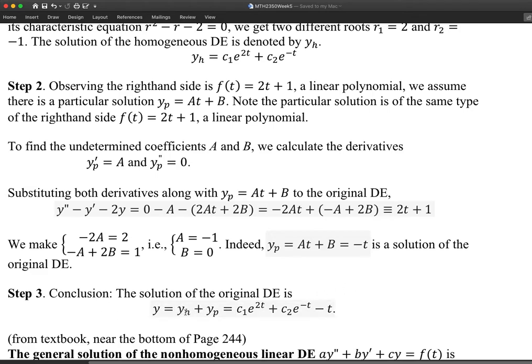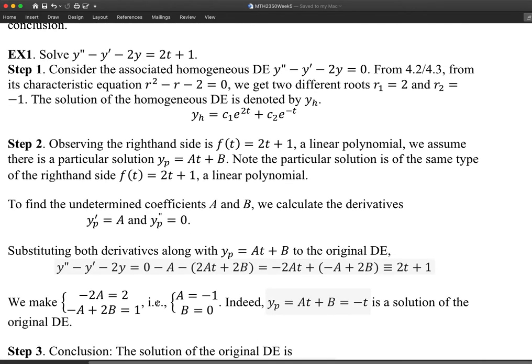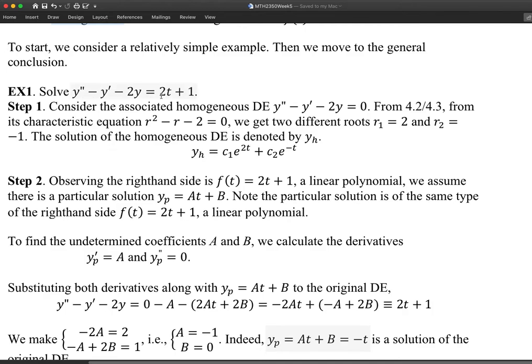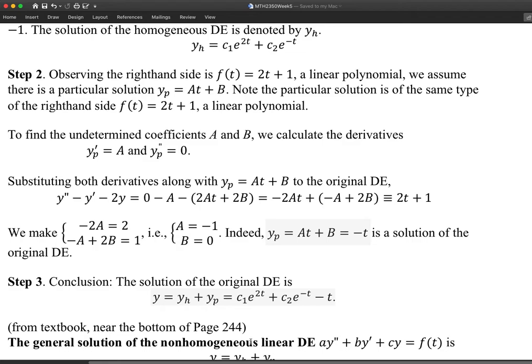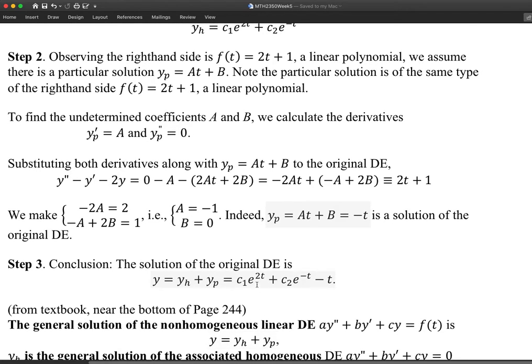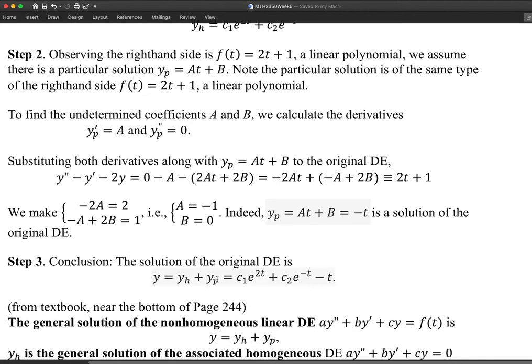You're going to add the homogeneous solution and the particular solution together. That forms step 3. Okay. In general, the solution of the original differential equation is formed as y sub h plus y sub p.